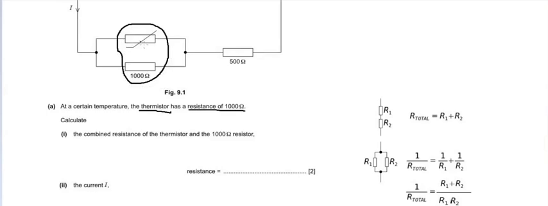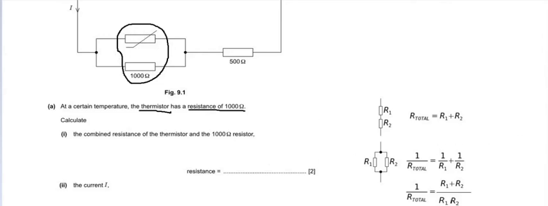So these two resistors are both 1000 ohm and they are connected in parallel, and we need to find the total resistance.